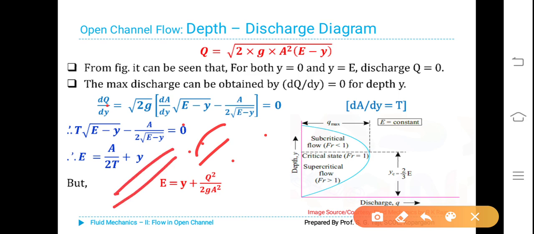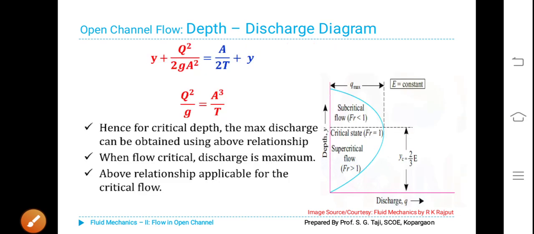This we can rewrite as E is equal to y plus Q squared divided by 2g A squared. The rest of the thing we have seen in the last slide itself. Now further, y plus Q squared by 2g A squared is equal to A by 2T plus y.